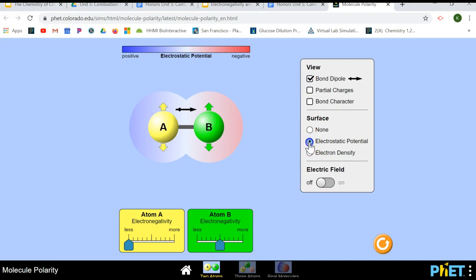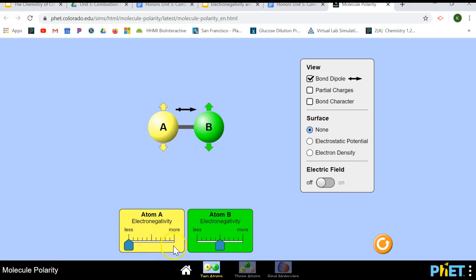Perhaps it does. What I'd like you to do is to start by noticing the electronegativity scales that we have here. I can adjust this meter to have the atom be more electronegative or less electronegative, and I can do that for this one as well. Just as a reminder, electronegativity is the tendency to gain electrons.